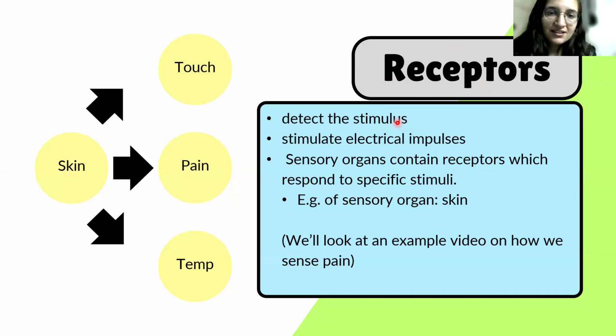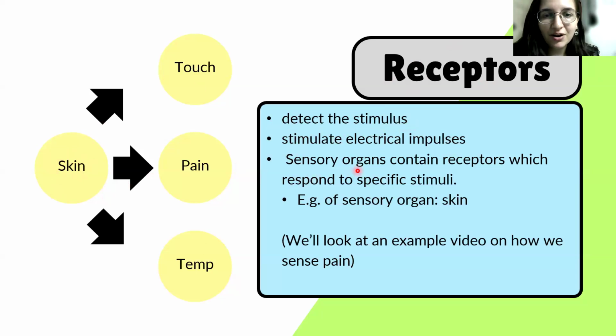They detect that something different happened. For example, the receptors in the skin can detect touch, pain, or temperature. And because of that detection, the receptors will stimulate electrical impulses. So this is the message being sent as an electrical impulse, that there has been a change in the environment.